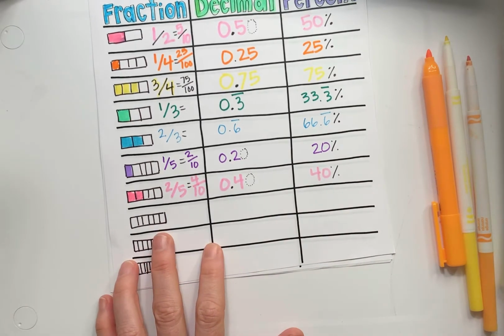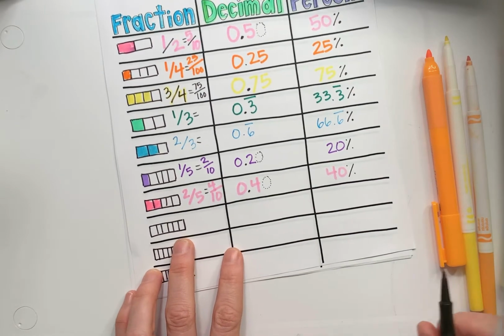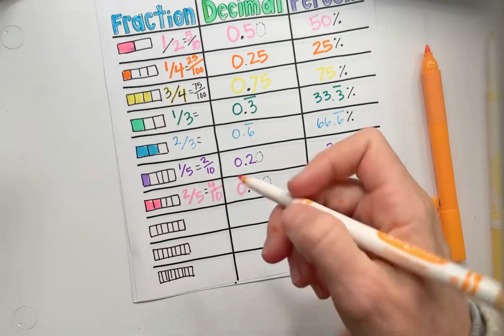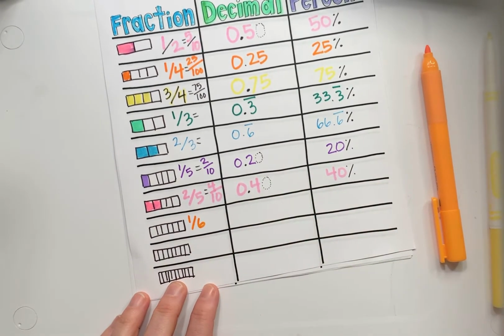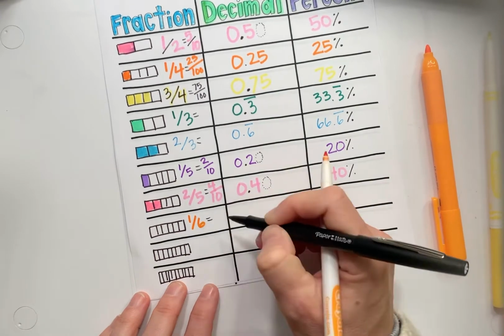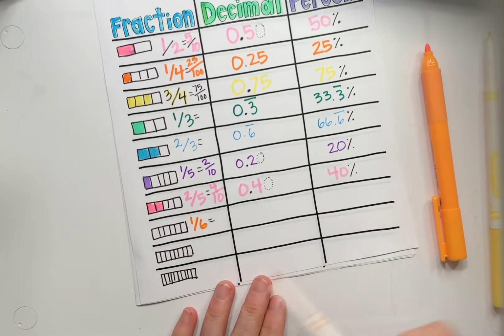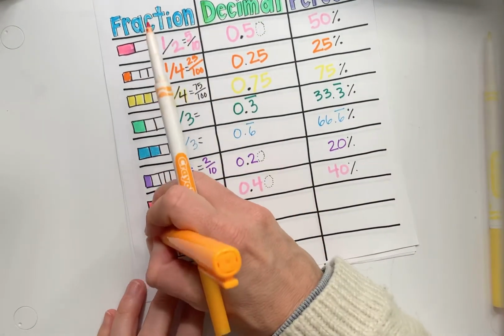All right, next one we're going to do after 2/5 is going to be 1/6. Now, just like my thirds, sixths actually cannot be converted into tenths or hundredths, so we're going to be getting a repeating decimal. So 1/6 is going to look like this.